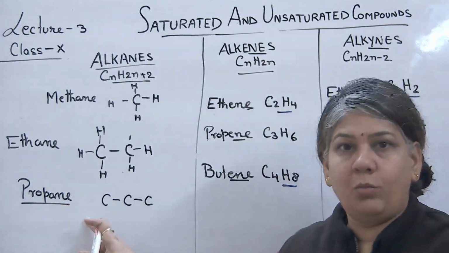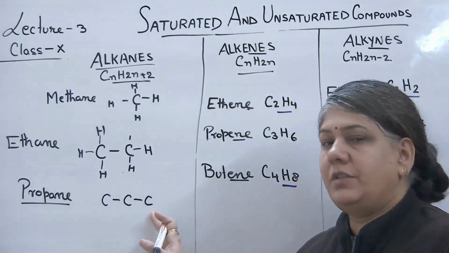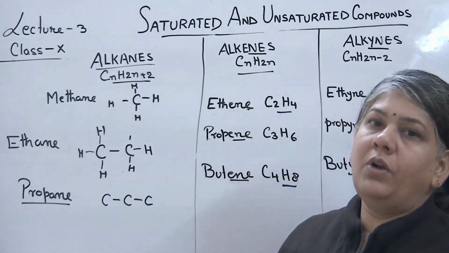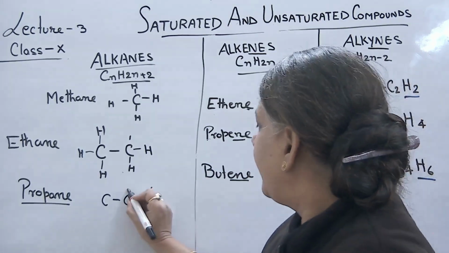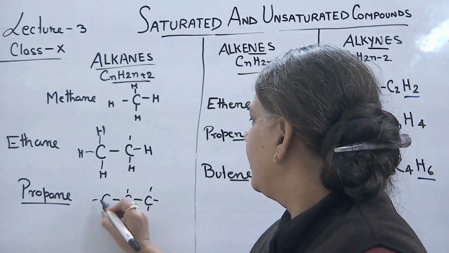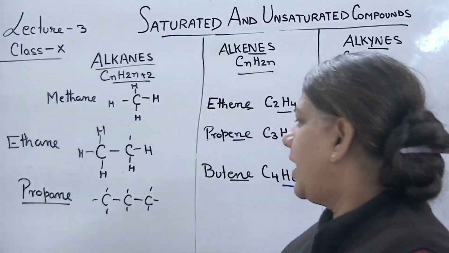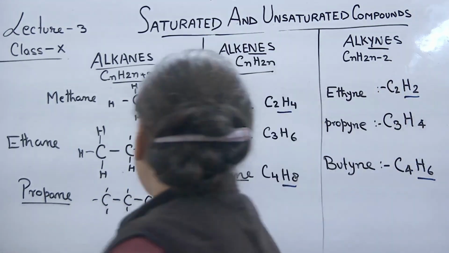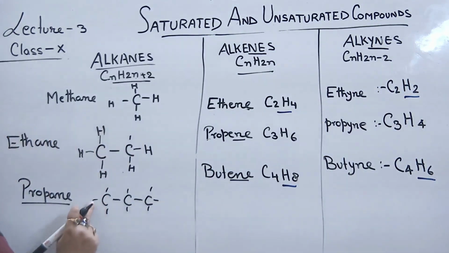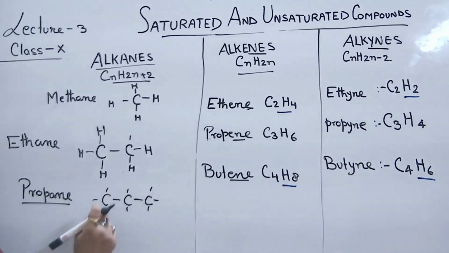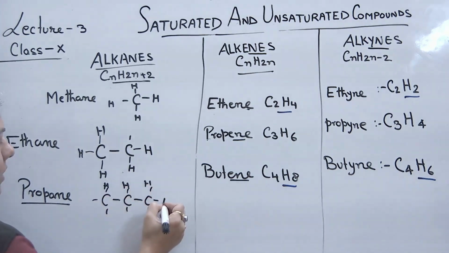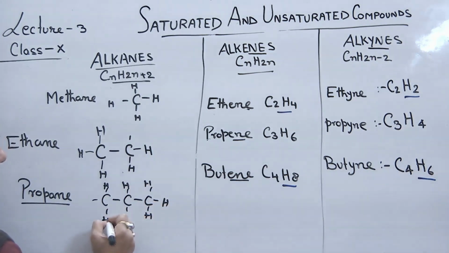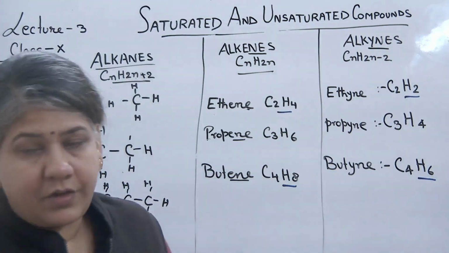Ane means single bond between the carbon atoms, put the single bond, and remaining bonds you make it tetravalent, each carbon tetravalent, and put hydrogen atom. See, each carbon is having 4 bonds, 1, 2, 3, 4. So you count and put hydrogen atoms here. This is the way you write the formula and structure.